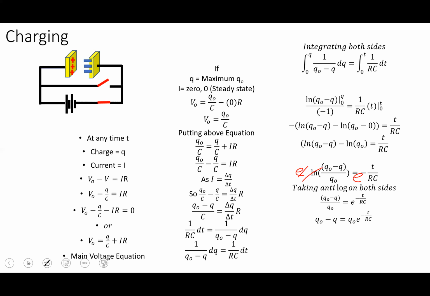Taking Q naught to the other side, we get Q is equal to Q naught minus Q naught e raised to the power minus T over RC. Taking Q naught common, we get Q is equal to Q naught times 1 minus e raised to the power minus T over RC.